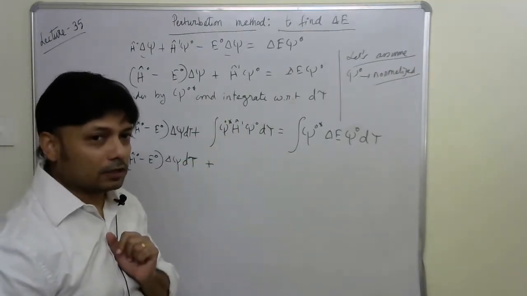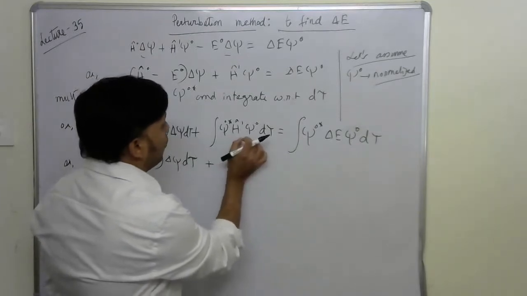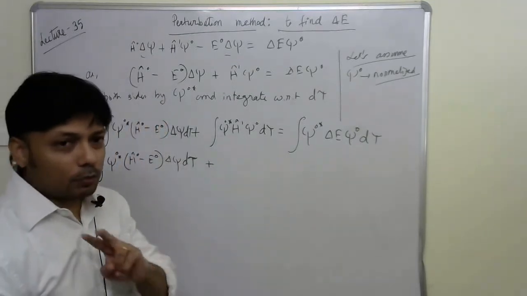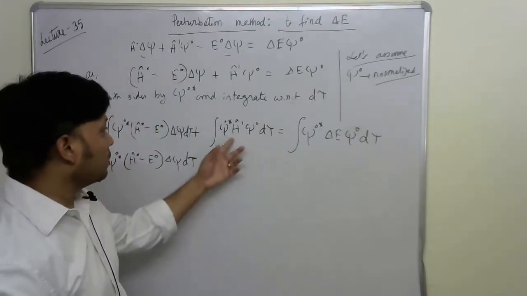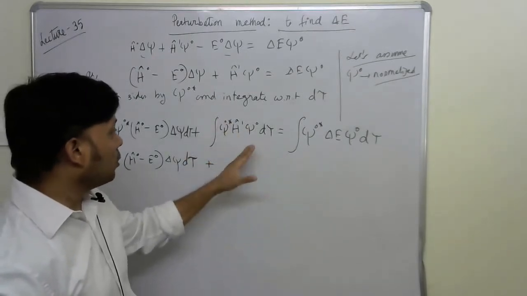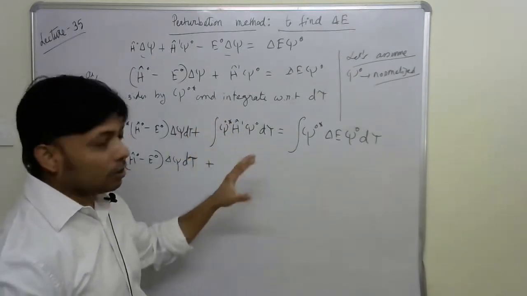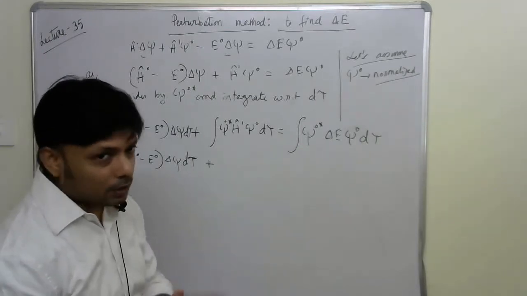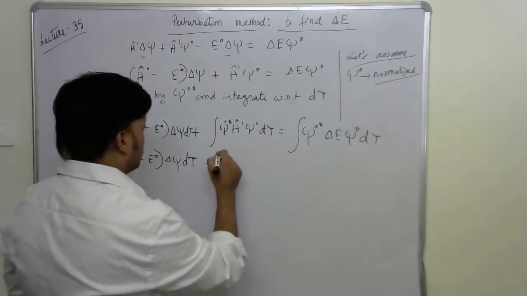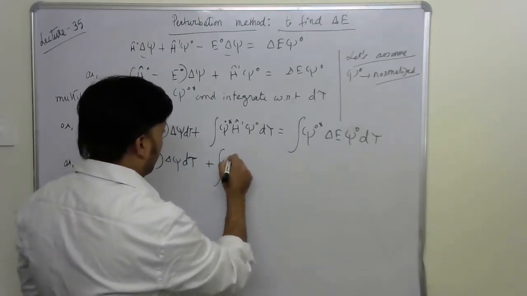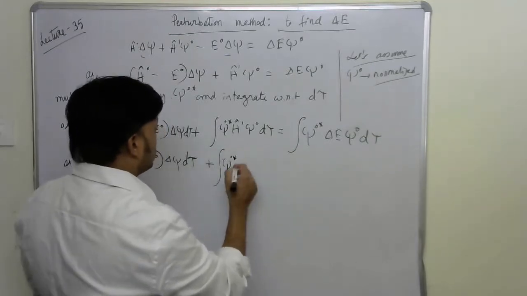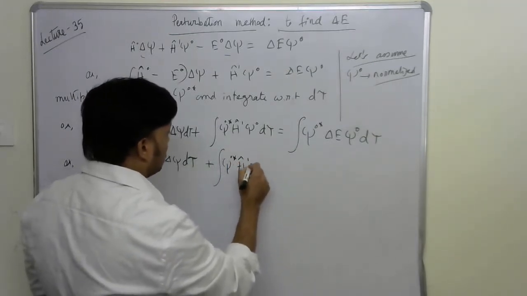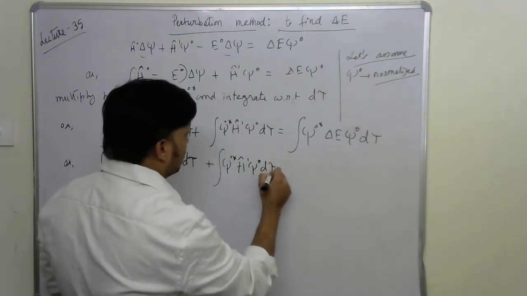No, it does not vanish, because we have H1 operating on psi naught, and we don't have an eigenvalue equation, so that we can have something like E1 psi naught, so that the psi naught star psi naught delta tau integration becomes 1. So we cannot vanish that. Therefore we have to keep that term, unfortunately. Psi naught star H1 psi naught delta tau.